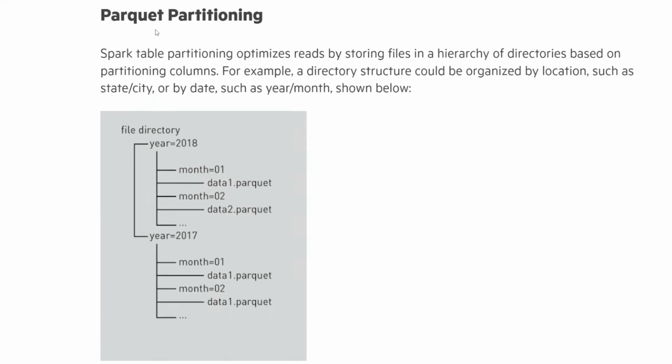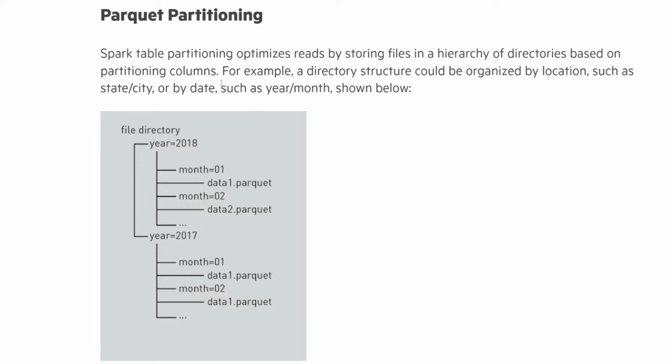The next thing we talk about is Parquet partitioning. So partitioning optimizes the reads by storing them in a hierarchy. If you partition by year and by month, within the file directory, the year 2018 gets split into each month, and within each month there are multiple Parquet files.